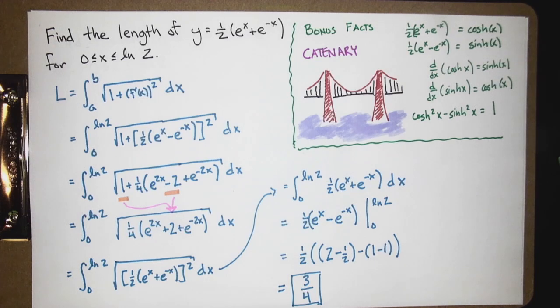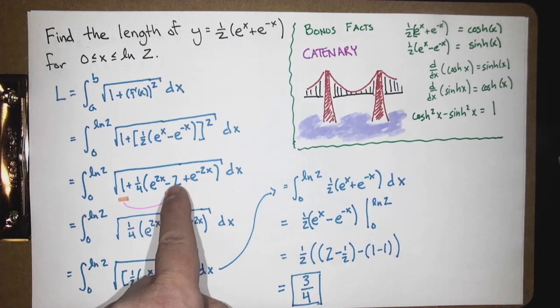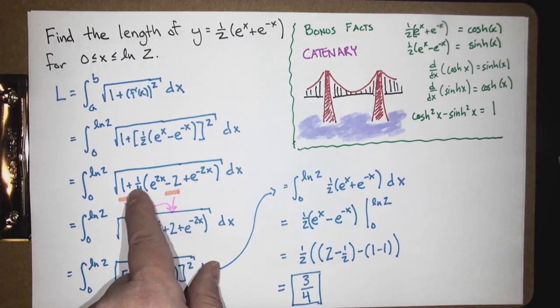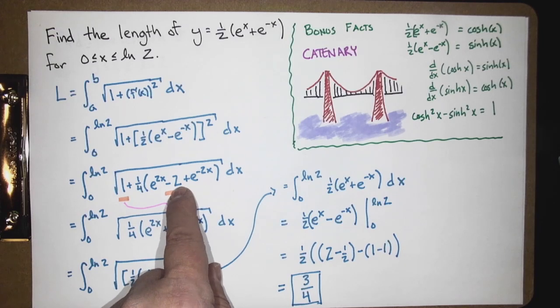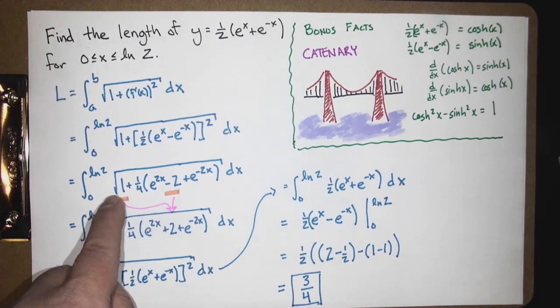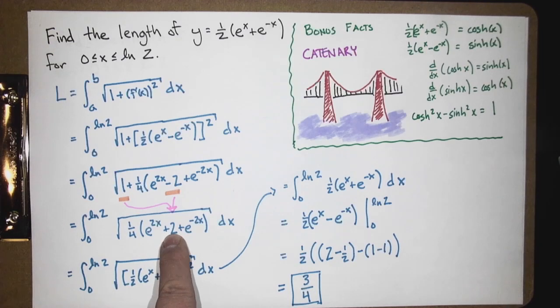E to the x times e to the minus x, 1. All right, you can think of it as you add the exponents. So there's a minus 2, but secretly it's minus 1/2. You're like, whoa, minus 1/2, and you have a plus 1. It's almost like you have a plus 1/2.